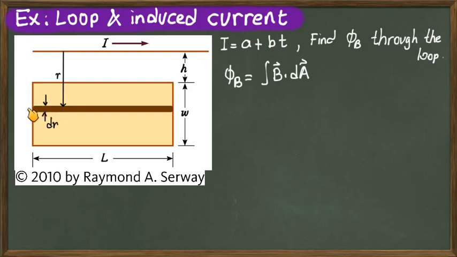This stripe has this side L, and in the vertical direction, it has the width dr. Because I measure the distance of the stripe from the wire as r. If this distance is r, in this direction, the infinitesimal length is dr.